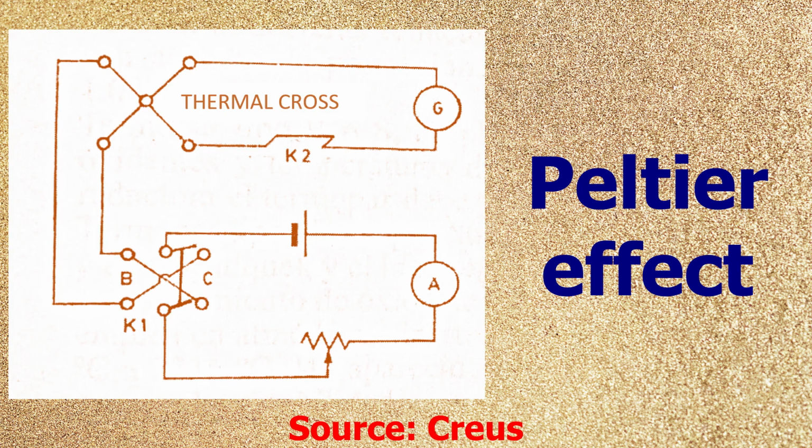In this image, this effect is exemplified in a thermal cross formed by the union in its center of two different metals. A current is passed in one direction or the other with the K2 switch open. After each passage of current, K1 opens, which disconnects the battery, and K2 closes, reading in the galvanometer the EMF or electromotive force created, which is proportional to the temperature reached by the thermal cross.